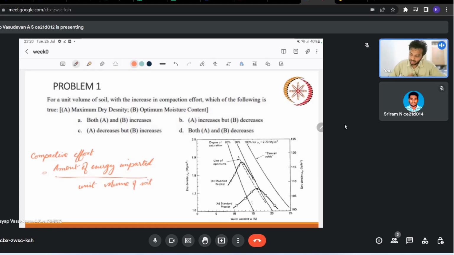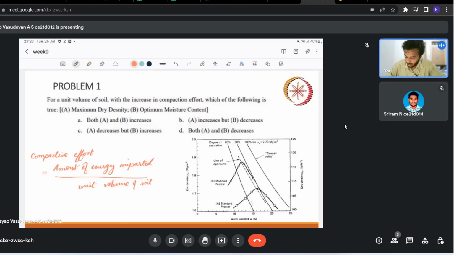If we want to compare these two, the amount of energy can be obtained by multiplying the weight of the rammer used, the number of layers, the number of blows provided for each layer, and the thickness of each layer. If we divide it by the volume of the sample, we get the compactive effort.